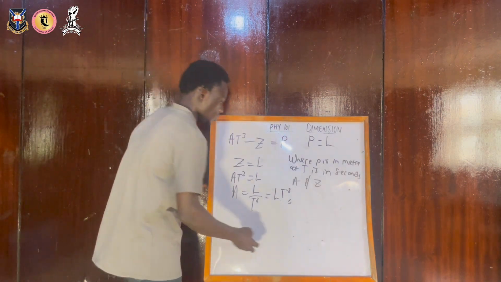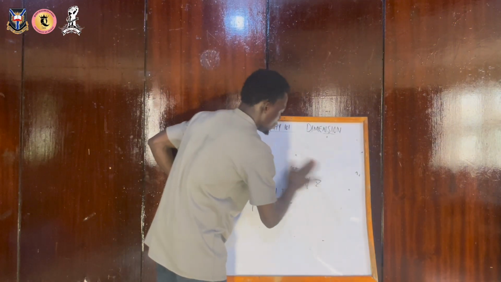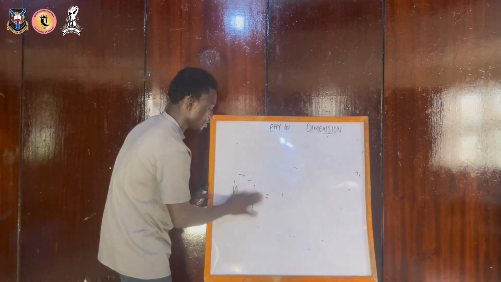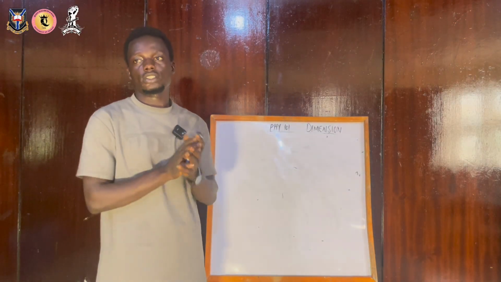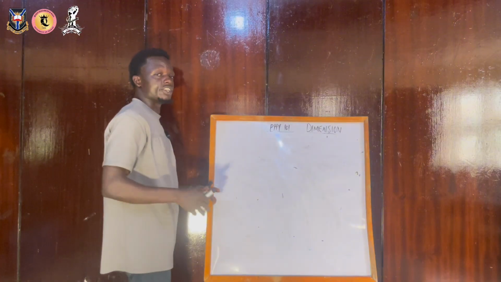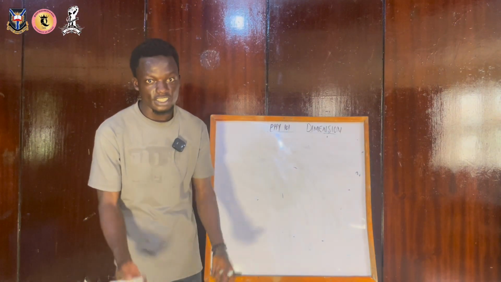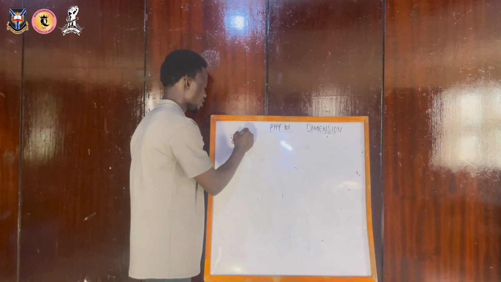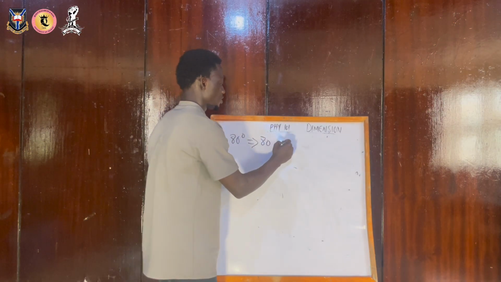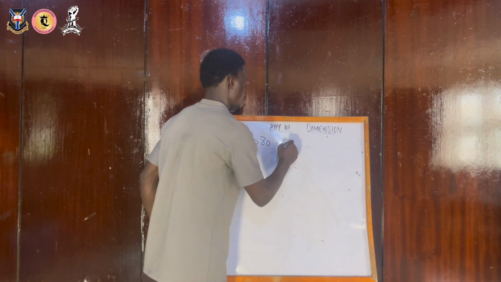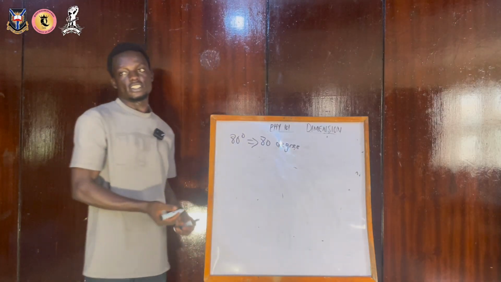Now, before we call it off, one thing you also need to know is that some quantities have units, but they don't have dimension. For instance, radian: if I say the angle between two forces is 80 degree, the unit is degree.